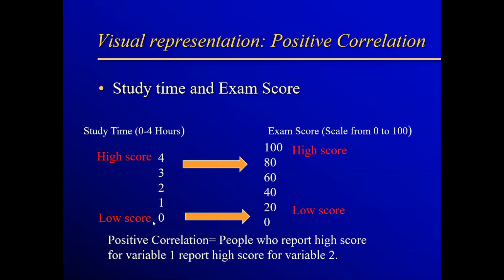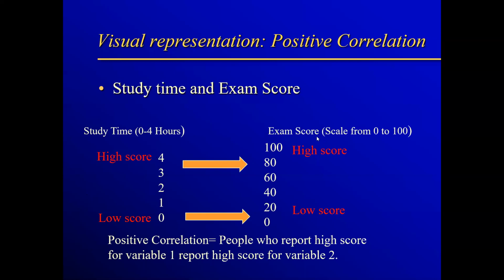So you can see I started off with the low score, and I just listed off the values all the way up to 4. Now I don't need to do this. I could just have this idea of low score and high score in red for study time. However you measure it, whether it's minutes, hours, study sessions, it doesn't matter. The key point is the low scores on the bottom and the high scores on the top.